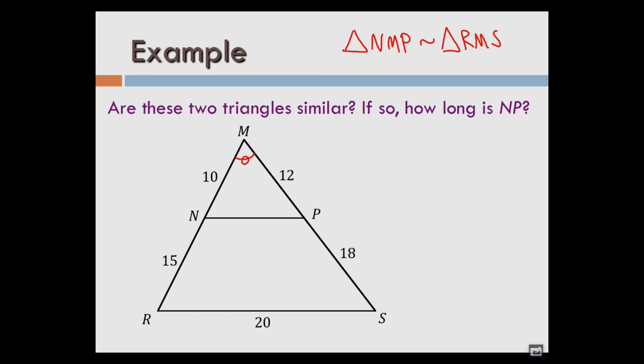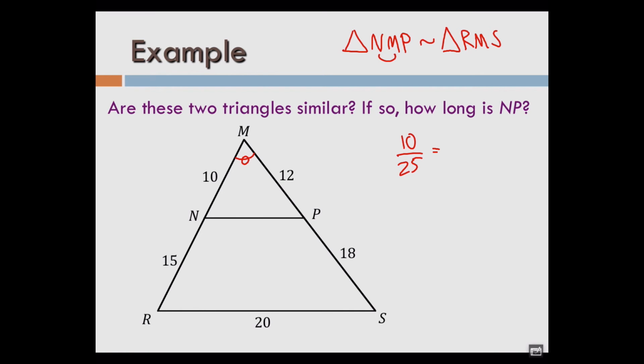All right. Well, we don't know anything about the angles. So now we need to set up a proportionality statement to see if we can compare the sides. And the reason this is important is because we're going to compare sides, not just numbers. So for instance, if I do 10 over what? 25. Why 25? Well, 10 is MN.